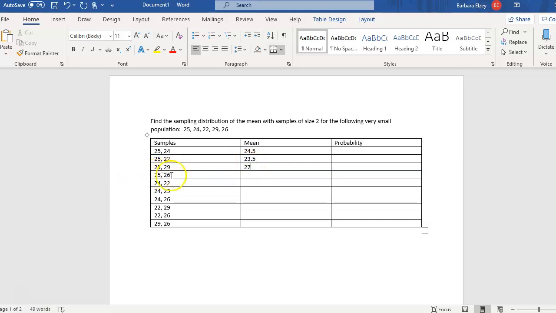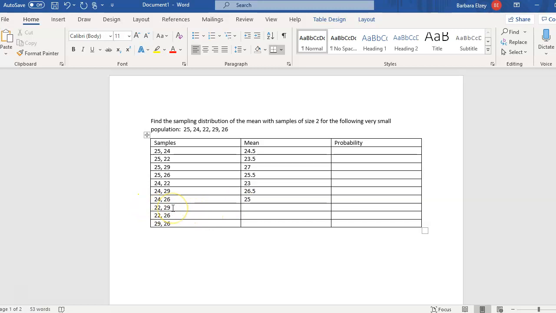And then the same thing for 25 and 26. Add them together, divide by 2, we'll get 25.5. The same thing for 24 and 22. Add them together, divide by 2, we'll get 23. For 24 and 29, add them together and divide by 2, and we'll get 26.5. And 24 and 26, add them together and divide by 2, we'll get 25.